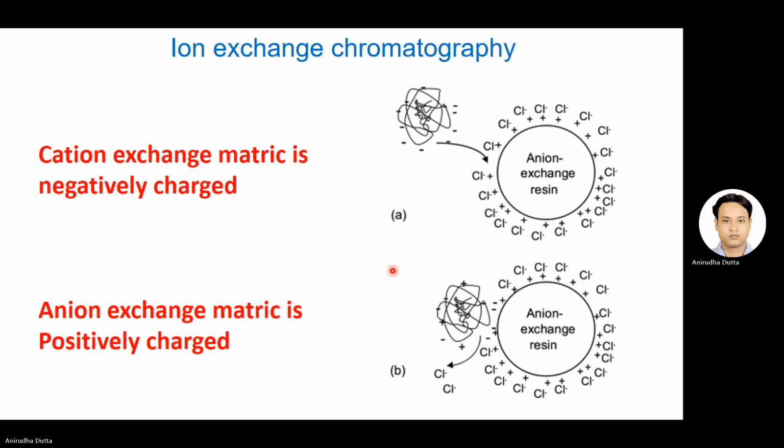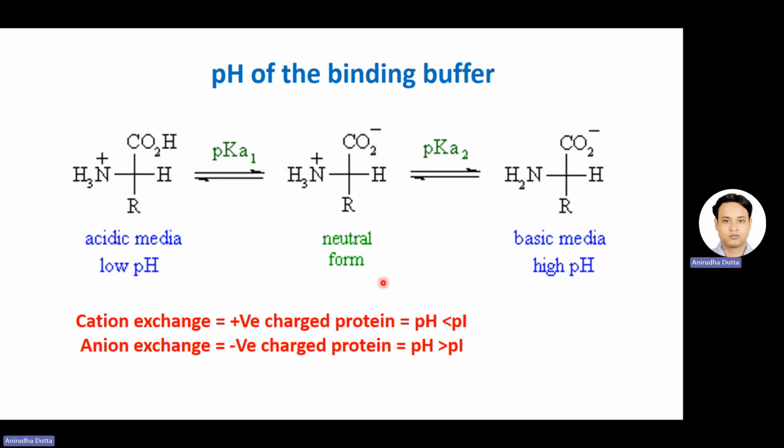Going to our next slide. What would be the pH of the buffer that we are going to use for ion exchange chromatography? As we know, an amino acid has an amino group and a carboxylic group, and depending on the pH, the protonation state of the amino acid changes.